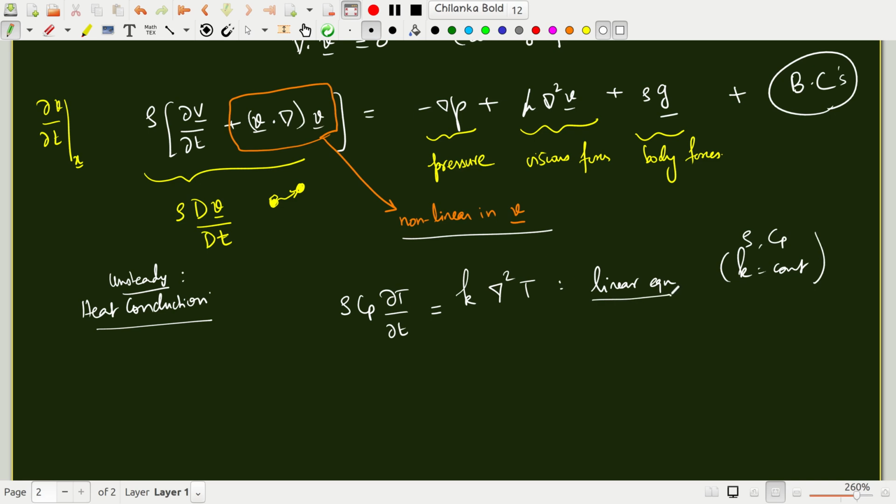There is a lot of difference between linear and nonlinear equations, because in linear equations, if you find a solution that is consistent with the boundary conditions, then this solution is unique.